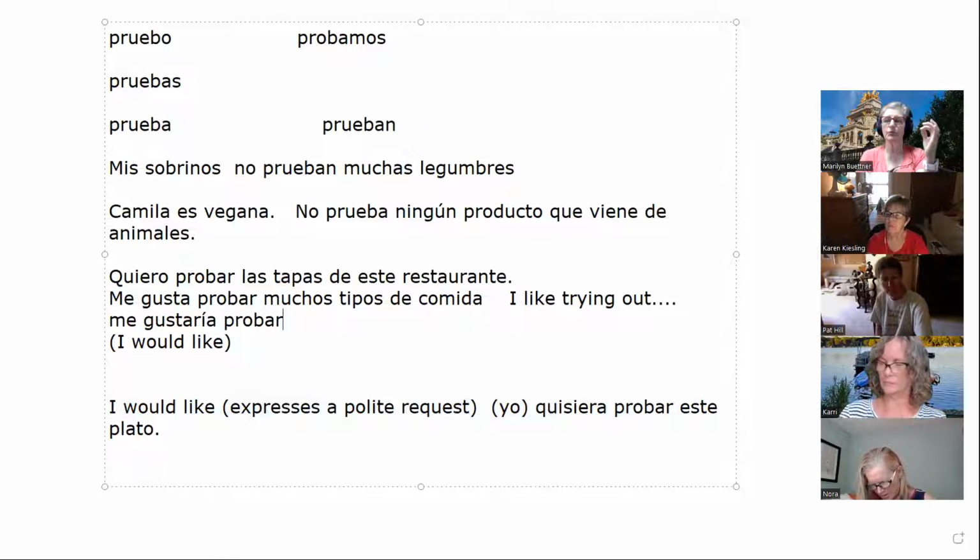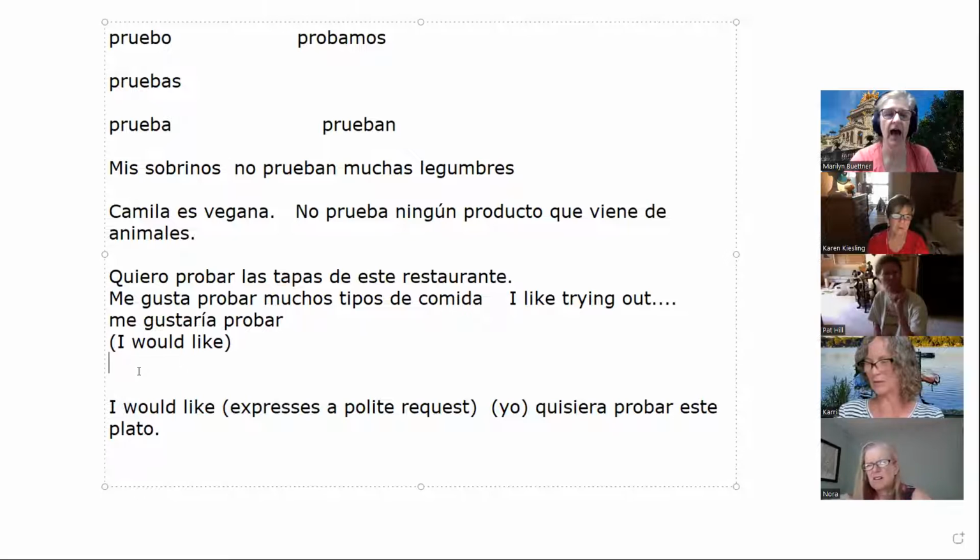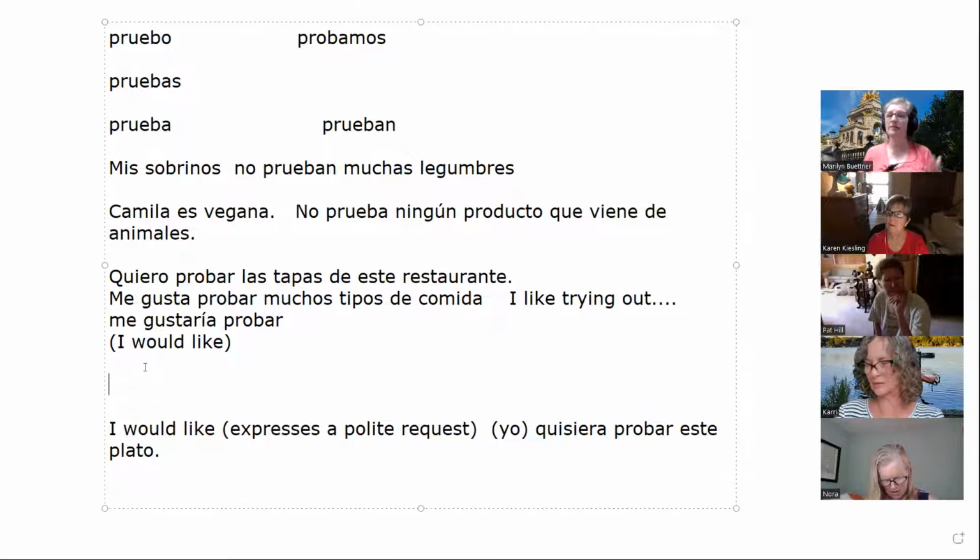But it's not really a request. You know, I would like to skydive someday. I would like to go to Africa. Yeah. Eso es. Yeah. I would like to skydive. See? I would like to scuba dive. Right?